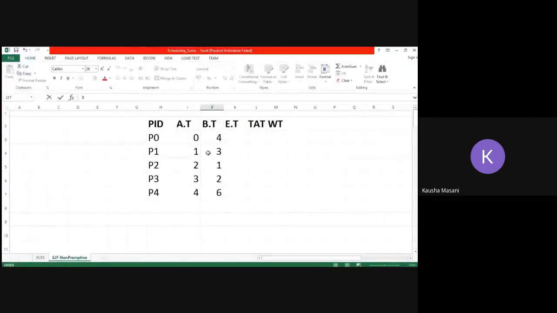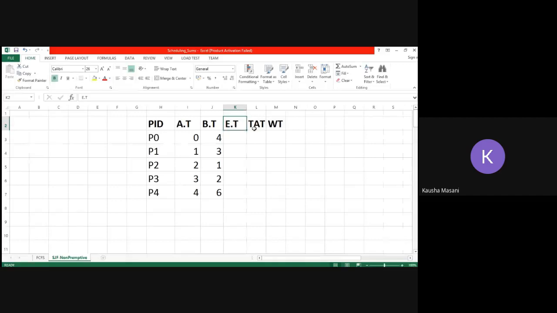We have to calculate execution time, turnaround time, and wait time. This is the same example that I showed you in the PPT. P0, P1, P2, P3, P4: five processes whose arrival times and burst times are given. Now you have to start making the Gantt chart.